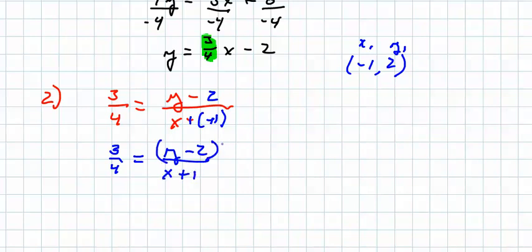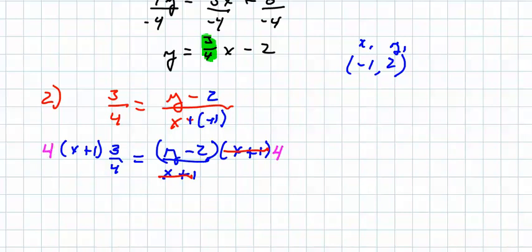Don't forget your parentheses. I'm going to multiply both sides by x plus 1. That means that this x plus 1 and this x plus 1 cancel. And I'm going to multiply both sides by 4. Multiply by 4, multiply by 4.